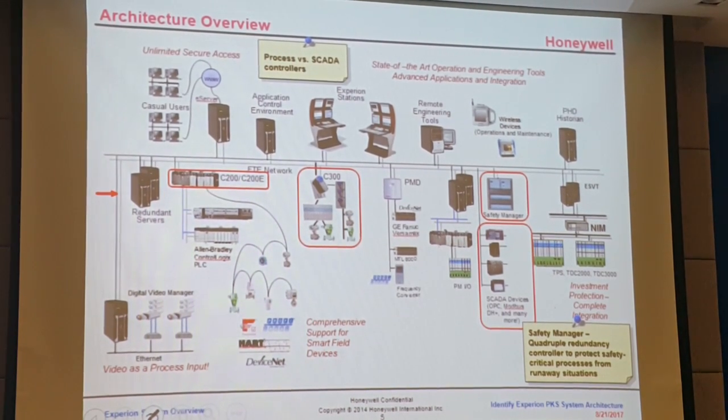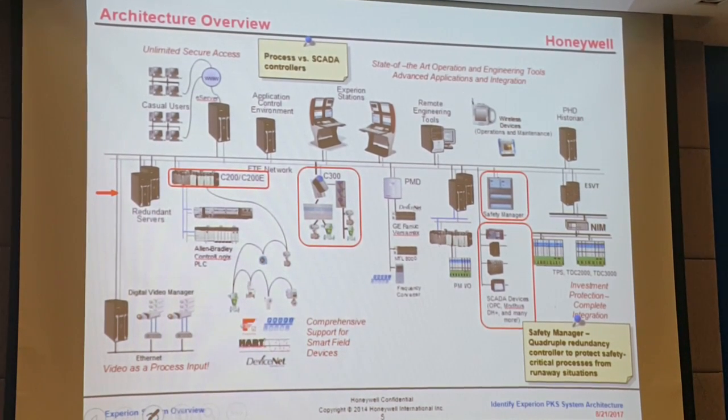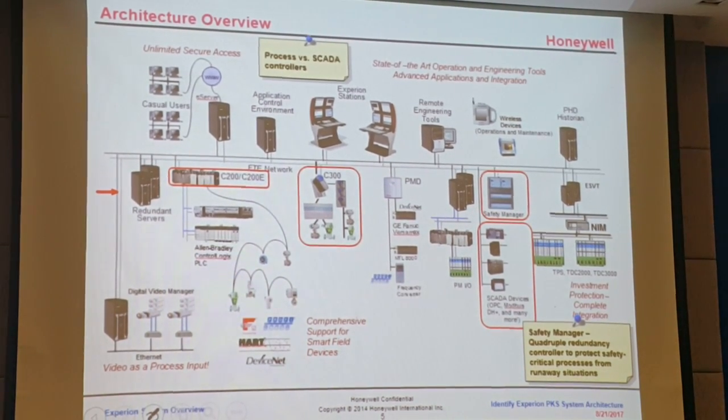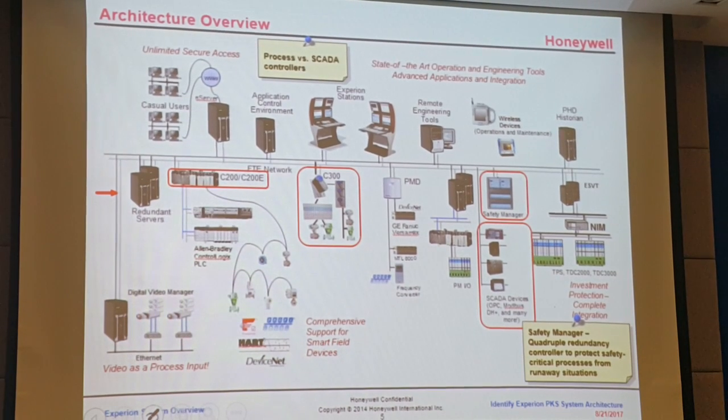The difference is this: the C200 or C300 controllers were created with the Experion server in mind. It's a member of our family. The C200 and the C300 are members of our Experion PKS family. They are fully integrated with the Experion server.